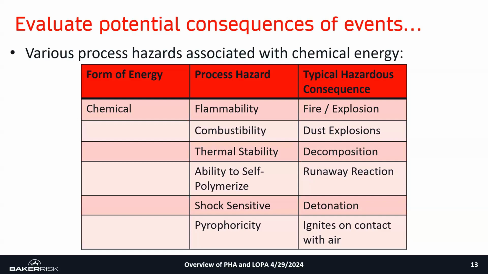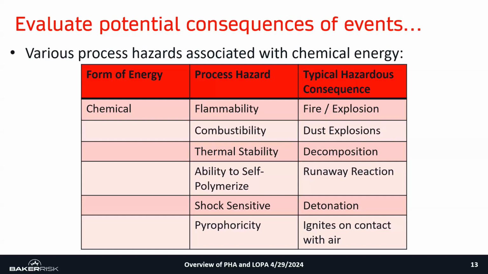If your process chemicals involve polymerizing or are susceptible to polymerization, you definitely want to make sure that you consider runaway reaction and the potential consequences of that occurring. Perhaps you have shock sensitive materials that may result in detonation.